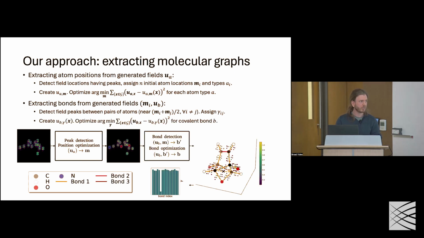And this time we optimize for the gamma values. You can see a very similar optimization function here: the arg min over the gamma this time, which also minimizes the squared error loss between the functional form of the bond fields and the generated bolded UBX.